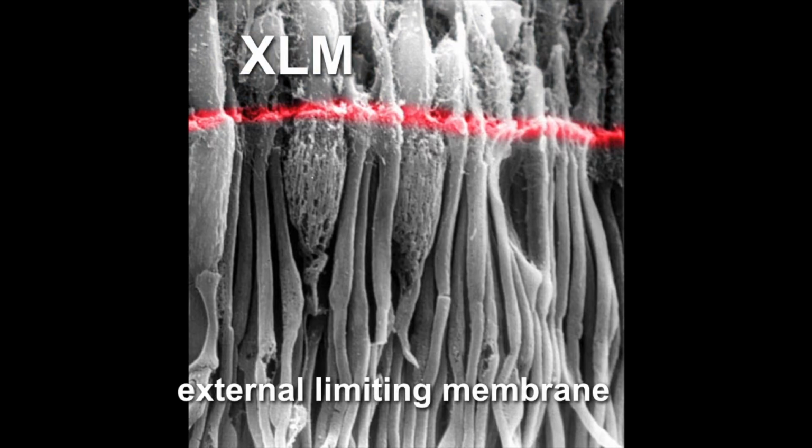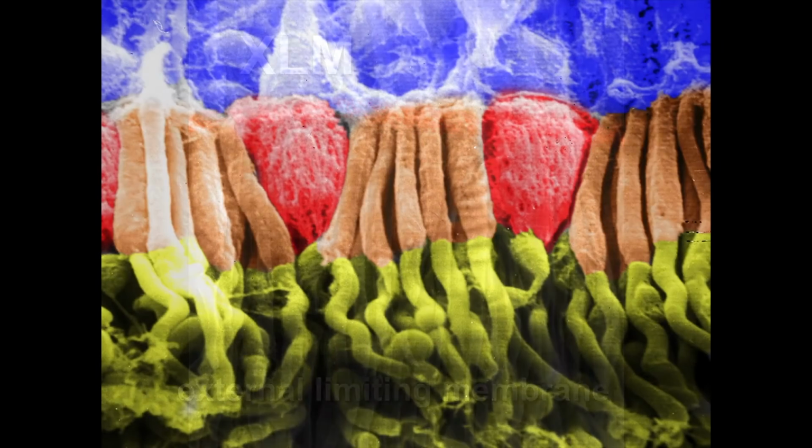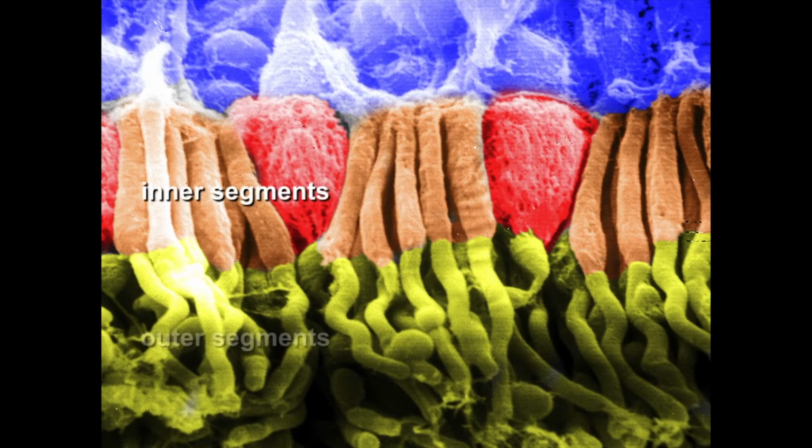A red band highlights the external limiting membrane in this scanning micrograph. The external limiting membrane is a belt desmosome composed of leaky adherent junctions that join adjacent photoreceptors and Mueller cells. The inner and outer segments of the rods and cones are seen in this false colorized scanning electron micrograph.